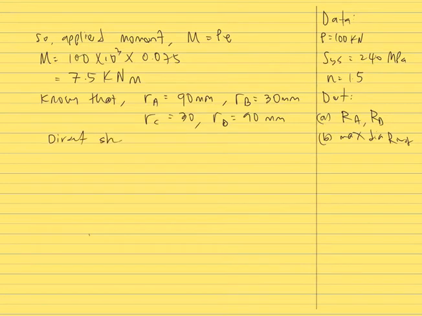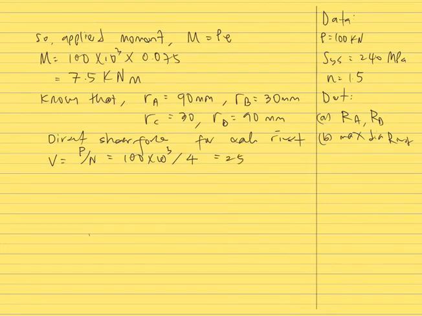For the direct shear force for each rivet, V is equal to P divided by the number of rivets, where P is 100 kilonewton divided by 4 rivets, so equal to 25 kilonewton.